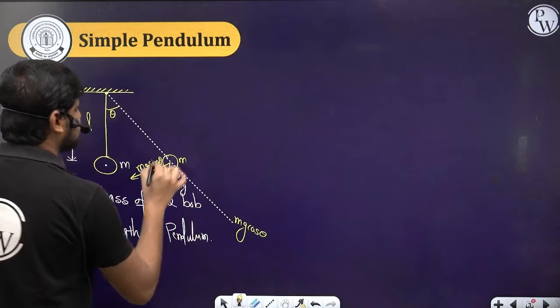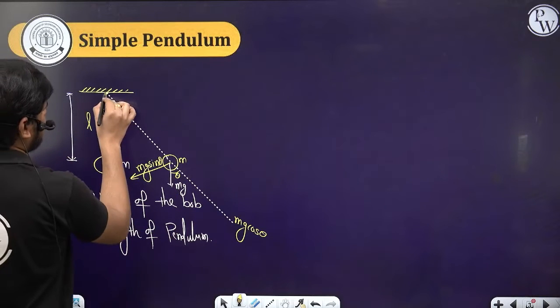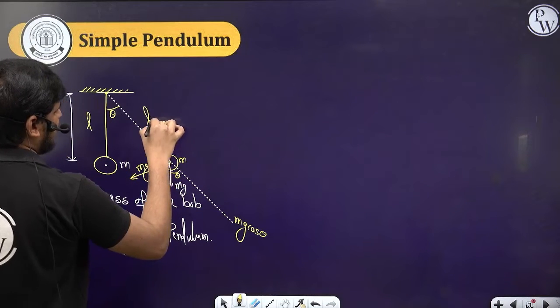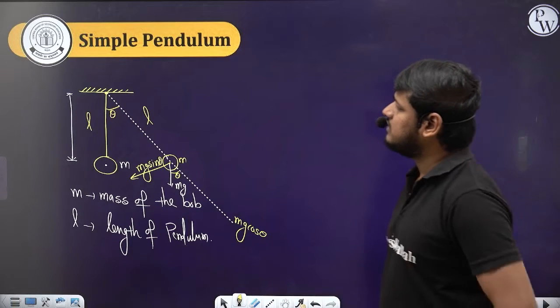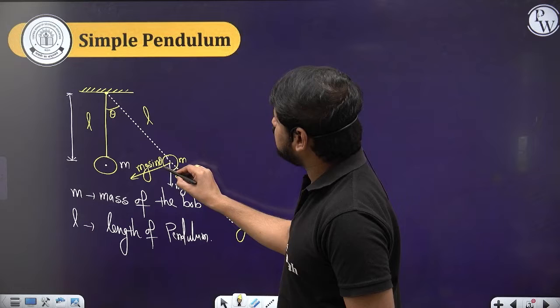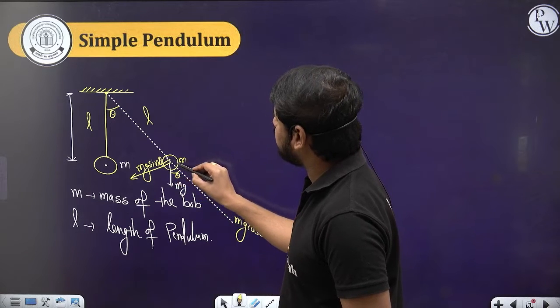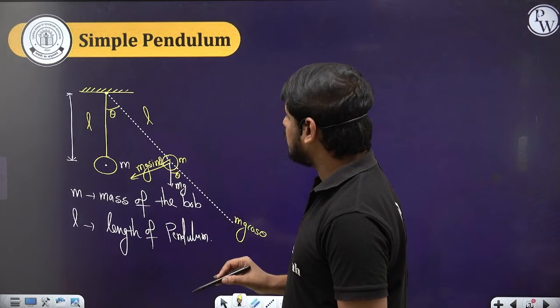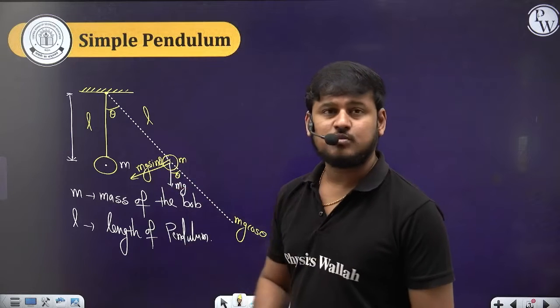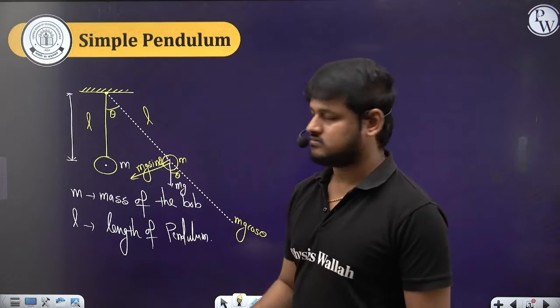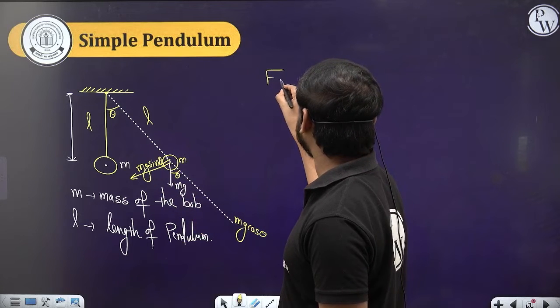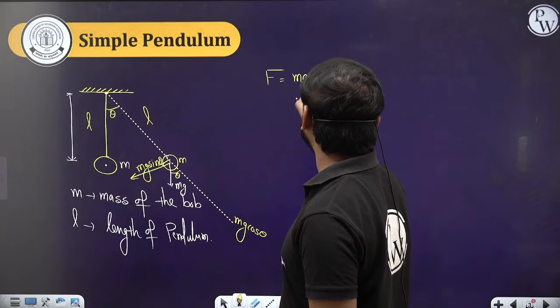From here to here, the length of the string is L. Now see here, this force is perpendicular to this line. So the force acting on the body is mg sin theta.